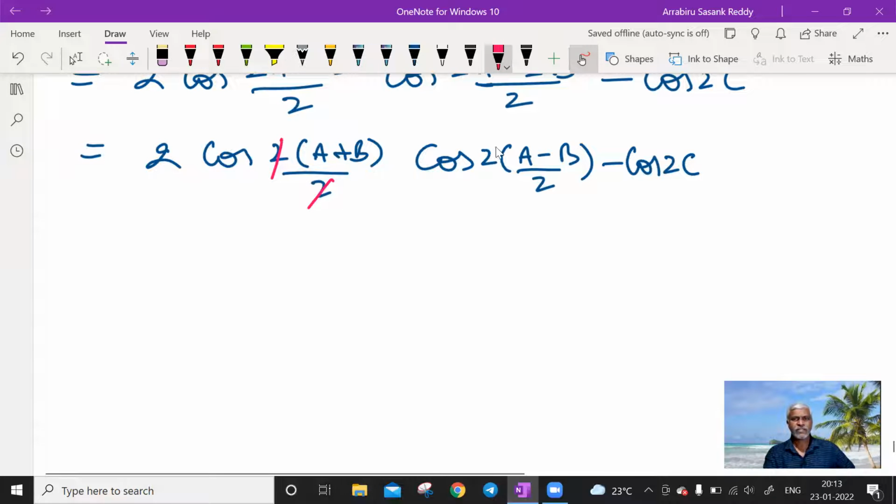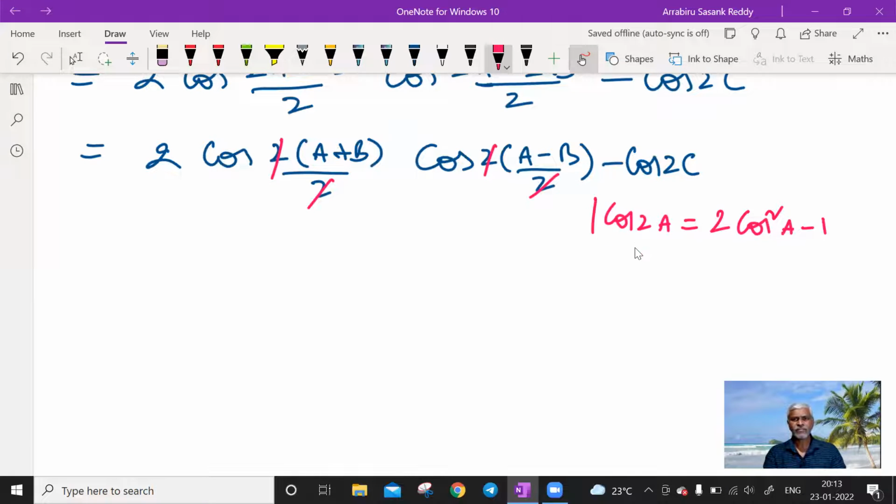Almost all the steps are similar. Now minus cos 2C, you write in place of this cos 2C is equal to 2 cos square C minus 1.